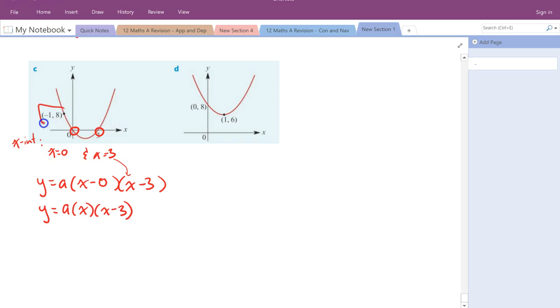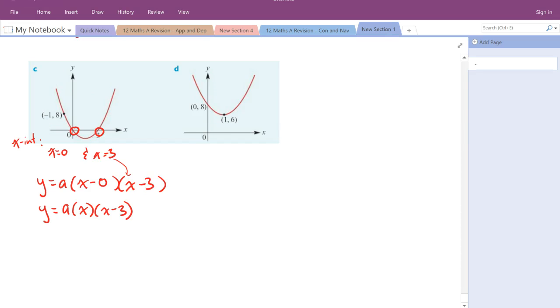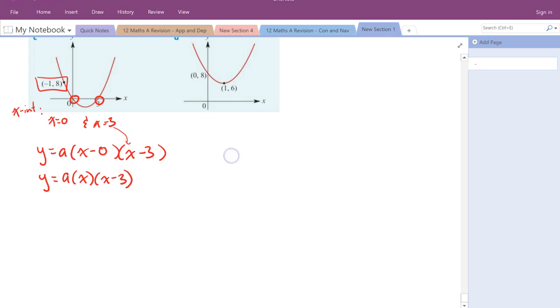Now, obviously, I have to use the second point here. I want to find a by subbing in negative 1, 8, my second point. That's my x, that's my y.